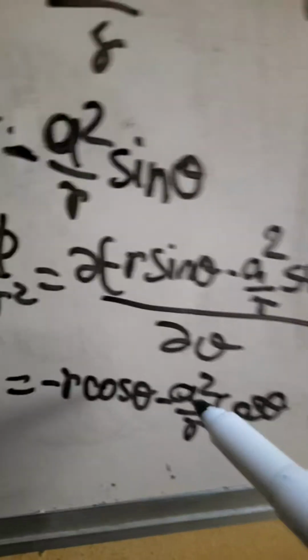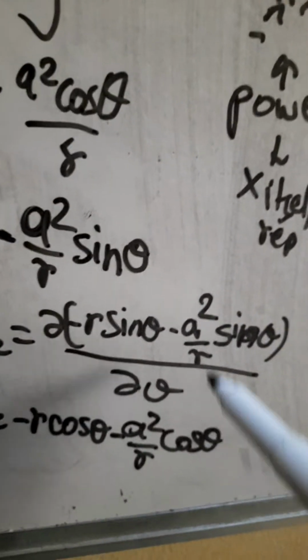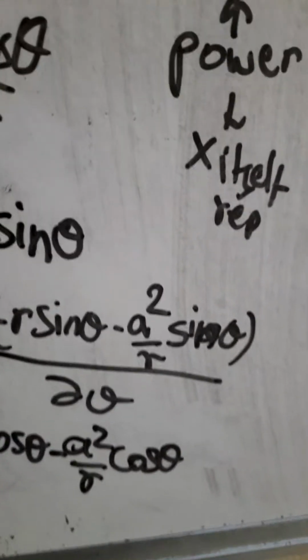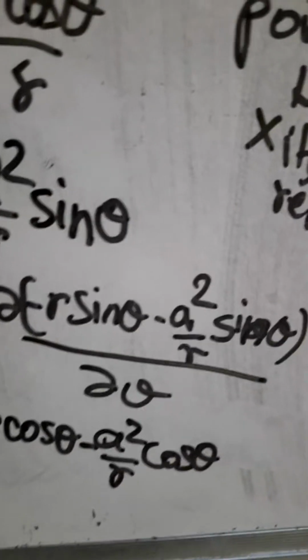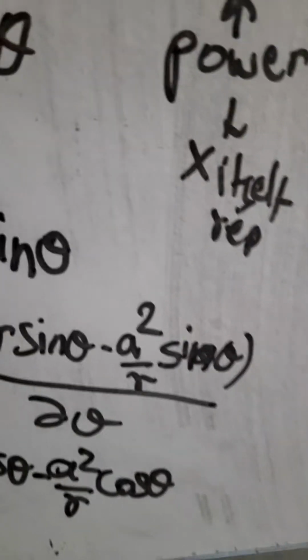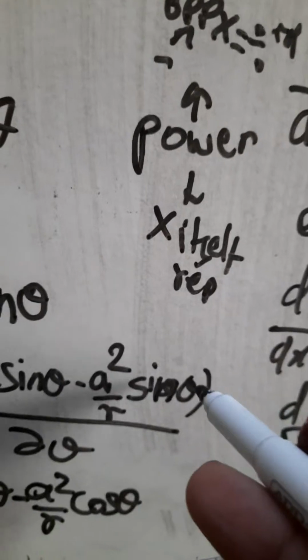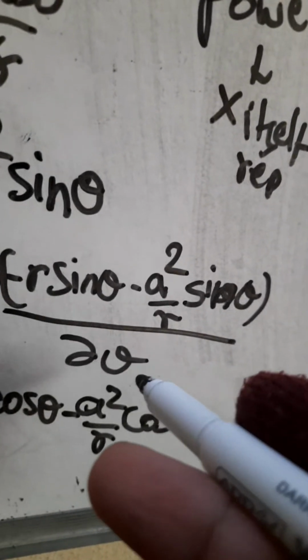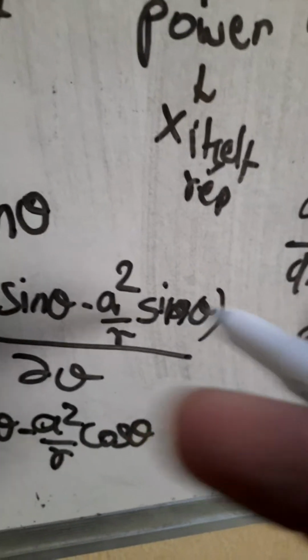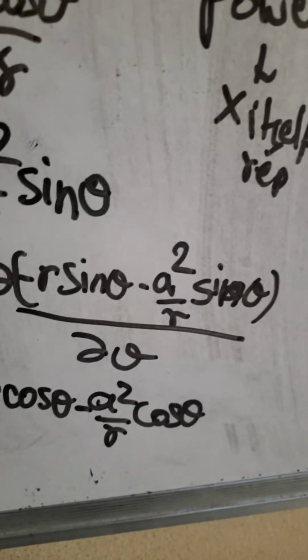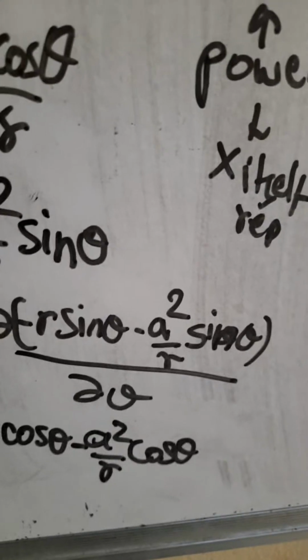Now a square by r: a square and r are not theta terms, so they are constants, but they are not standalone, they are coefficients because they are multiplied with sine theta, which is a function of theta.